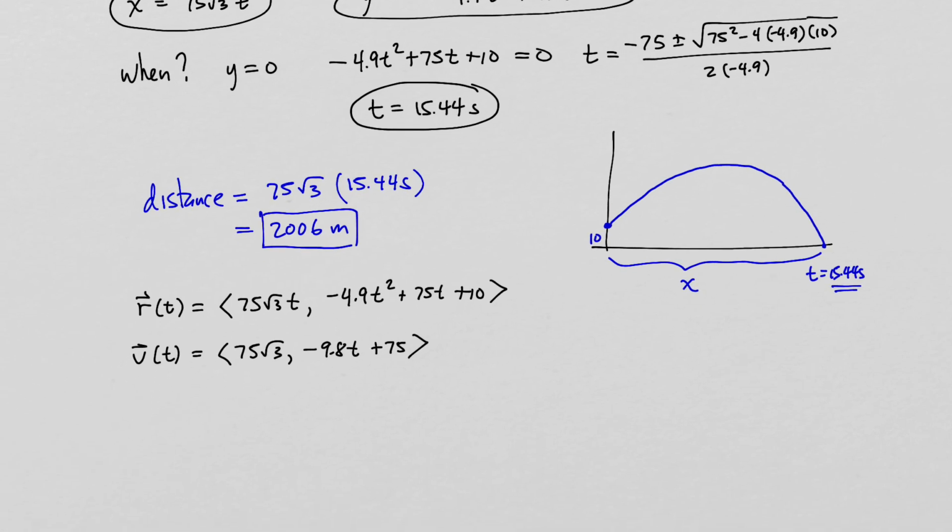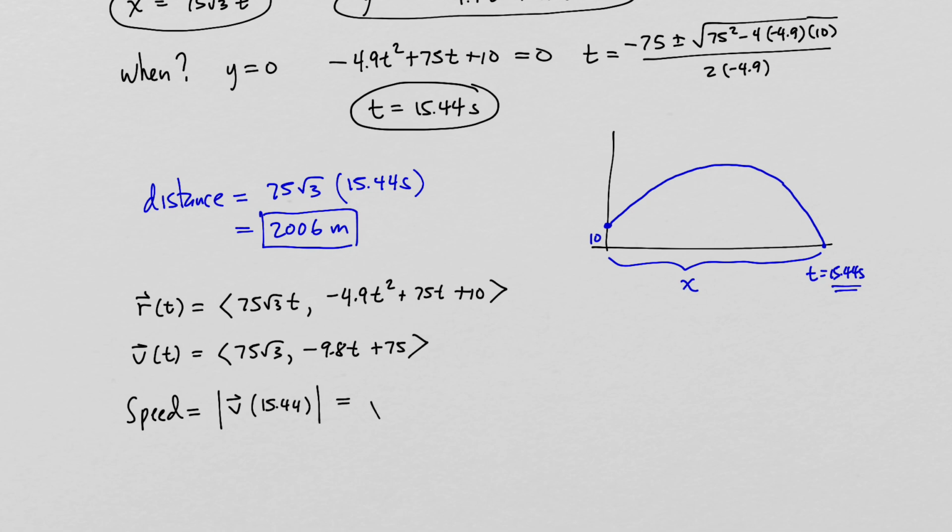Now, to find the speed when it hits the ground, we need to plug in the time where it hits the ground, which is 15.44 seconds. And then we also need to take the magnitude. So the speed is going to be the magnitude of the velocity at 15.44 seconds.